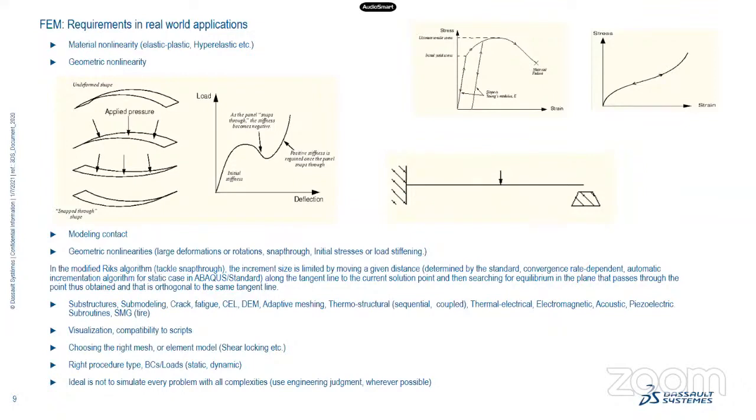Geometric nonlinearity we have discussed. Another nonlinearity is, for example, an unstable structure with a buckling load, which is difficult to solve. When you have negative stiffness, it's difficult to solve, so we have separate methods like the Riks method. The idea is that we limit the time increment based on the tangent.